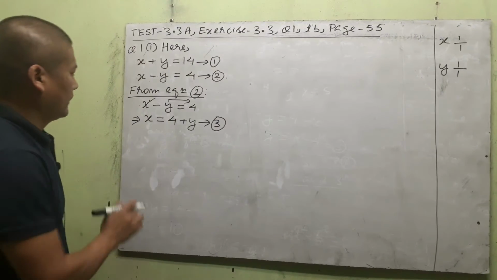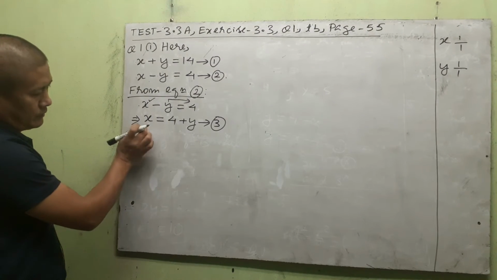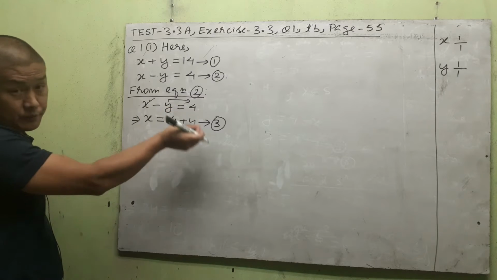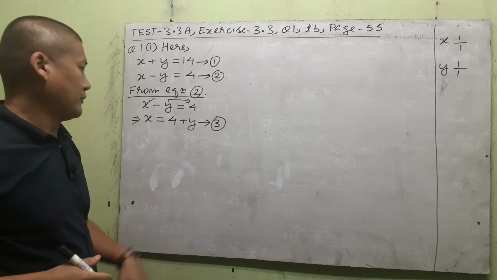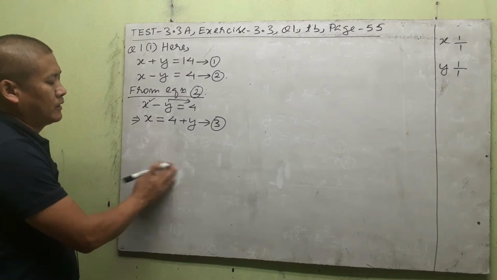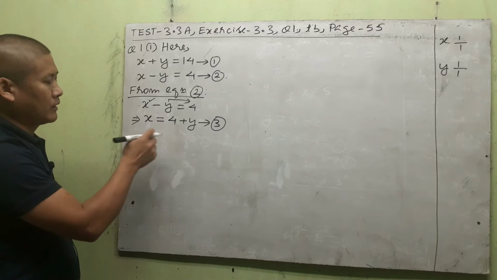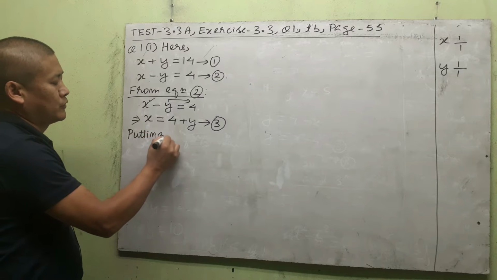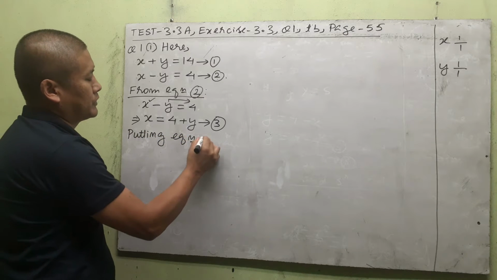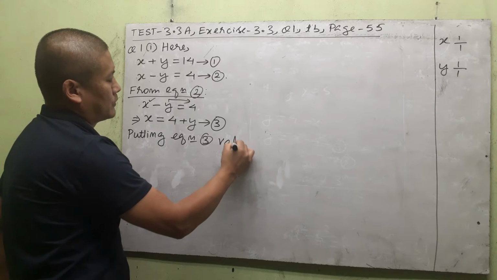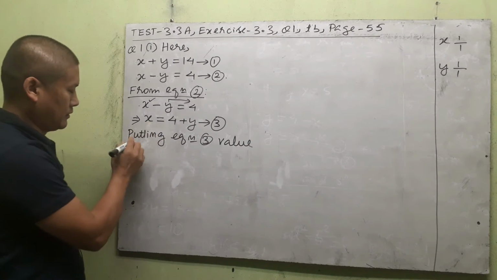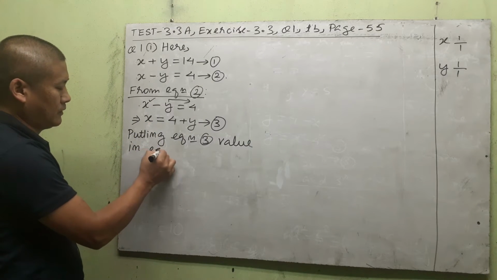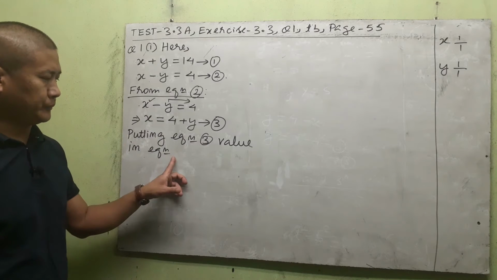Okay. So what I'm trying to say is, it doesn't mean every time you have to express in terms of x. No. The one you have chosen, that's fine. But always try to choose the simpler one. Then substitution means after that, putting this value, equation 3 value, which is now expressed in terms of x, into the equation. Now this is important.